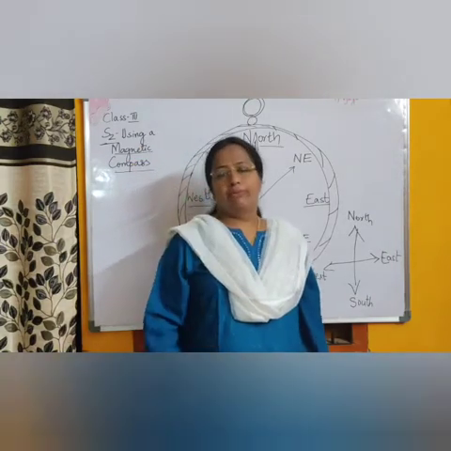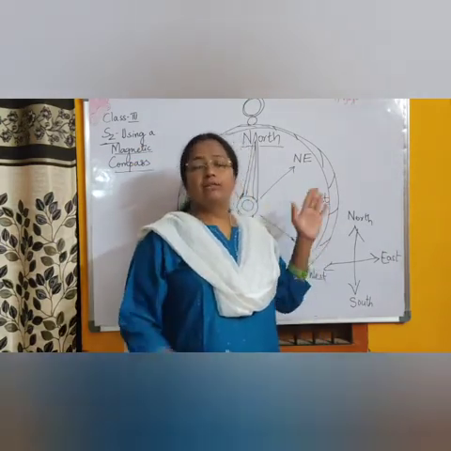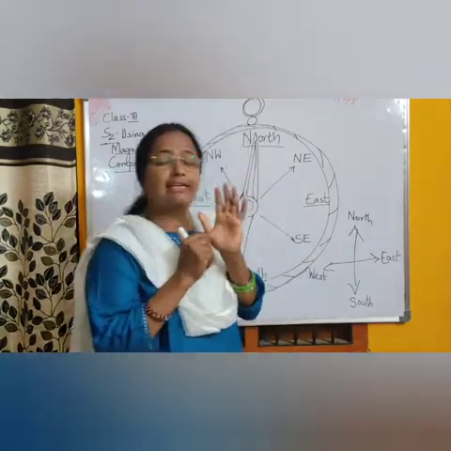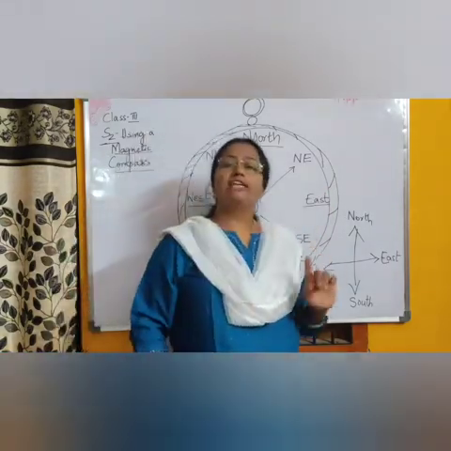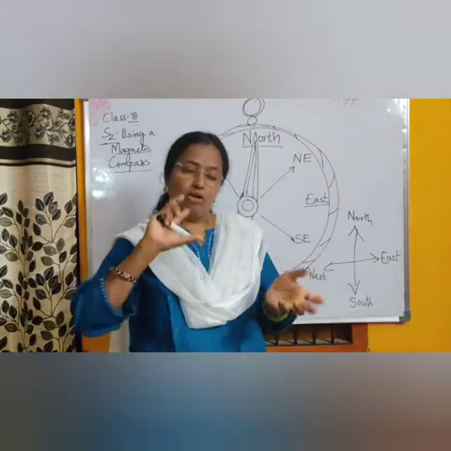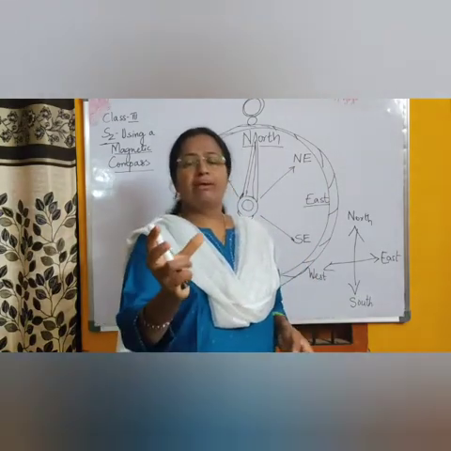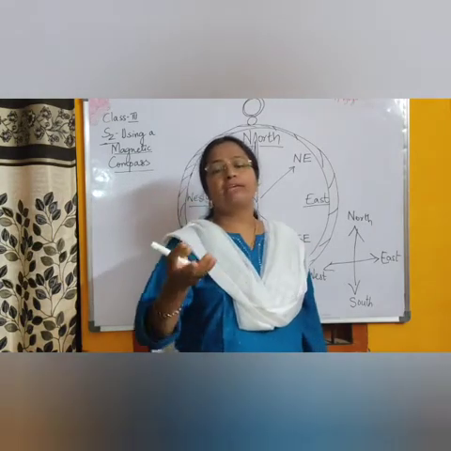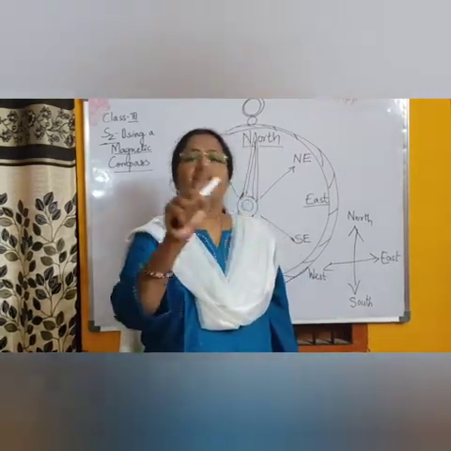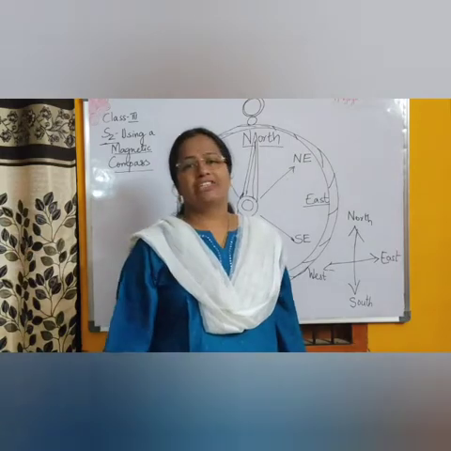This you have to remember because in the magnetic compass, the needle always points to the north. No matter how much you turn the compass, you make it upside down, you run with it around your house 20 times, again the needle will come back and show the north direction.